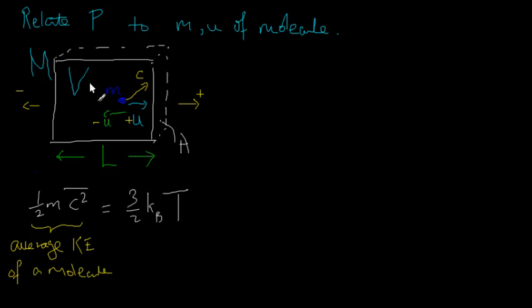Of a molecule in this ideal gas. The Boltzmann constant is the gas constant divided by Avogadro constant. So it's a very small number because the Avogadro constant is a huge number.